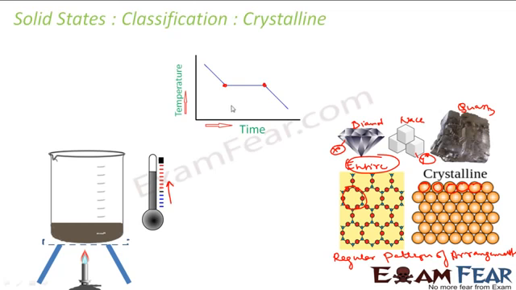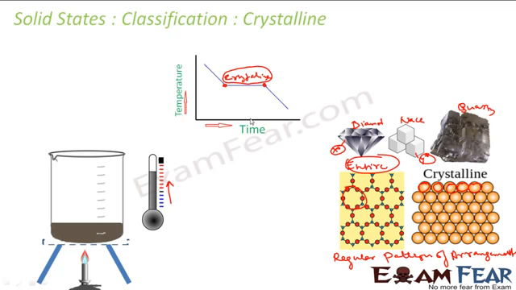And this is the time where it crystallizes. So actually at this time, the decrease in energy is not used for decreasing temperature, but it is used for crystallization. So this is the graph you actually get if you do this.